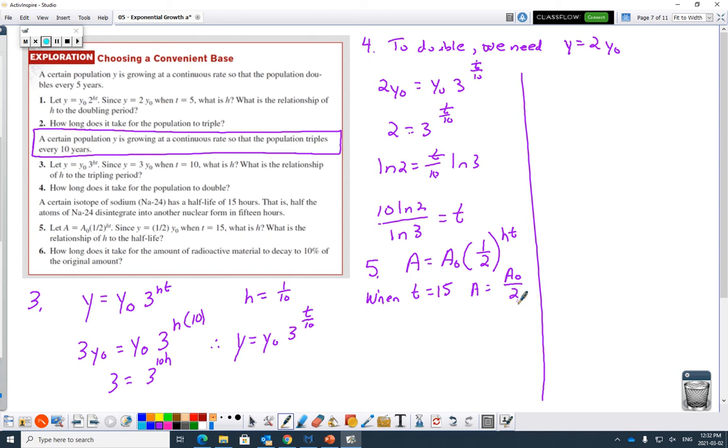Although number 5 sort of plays loosey-goosey with the A's and the Y's, but I hope you get the idea. And so I get A naught over 2 equals A naught times 1/2 to the 15h. The A naughts cancel. I get 1/2 equals 1/2 to the 15h. And again, I get h is 1 over 15.